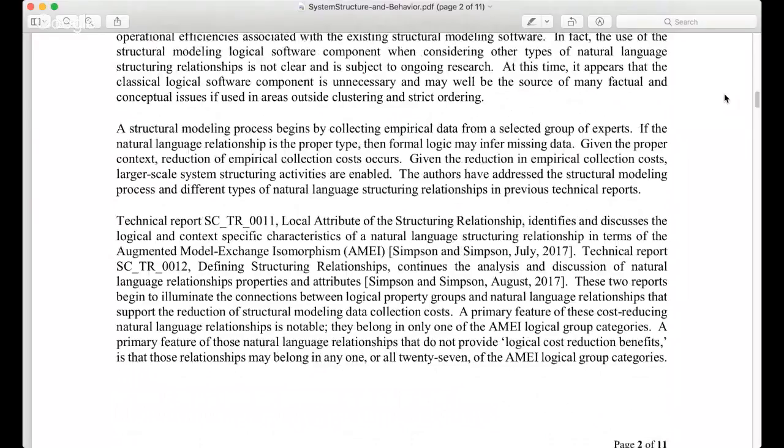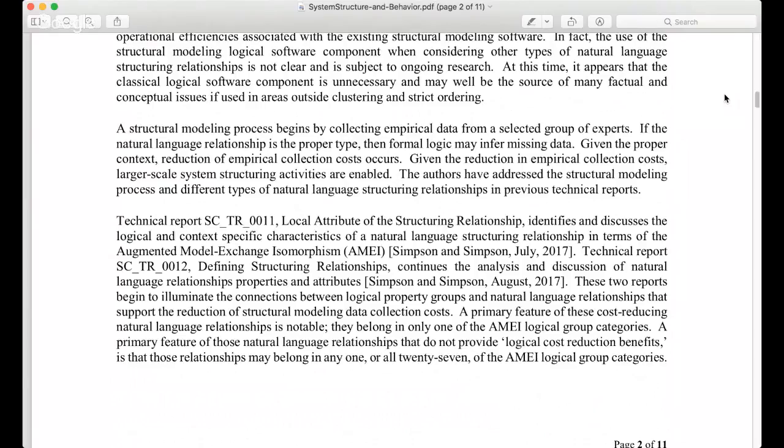And one of them we've discussed a little bit in this group is the idea of neurology, where is an object part of itself. Well, you can say, yes, it is in this case, or no, it's not in this case. But using the AMEI, you can very clearly assign the logical operations that go with whatever is chosen.